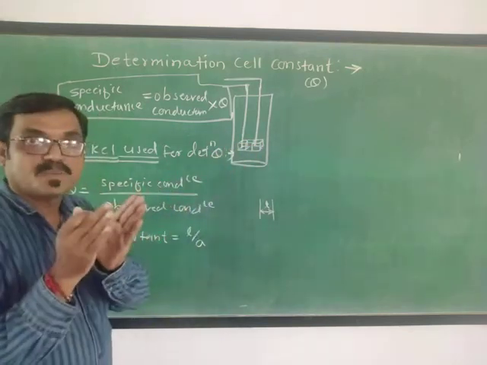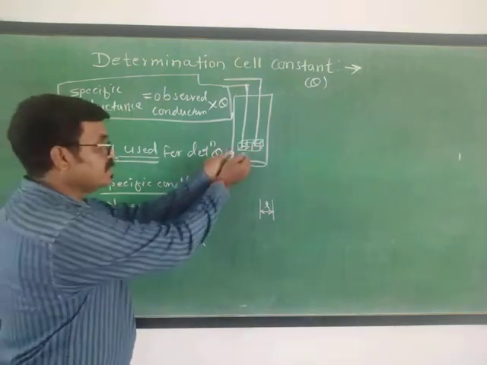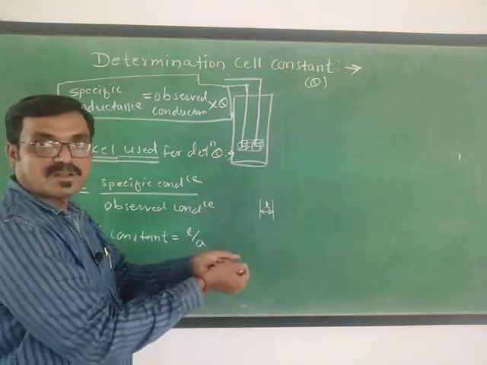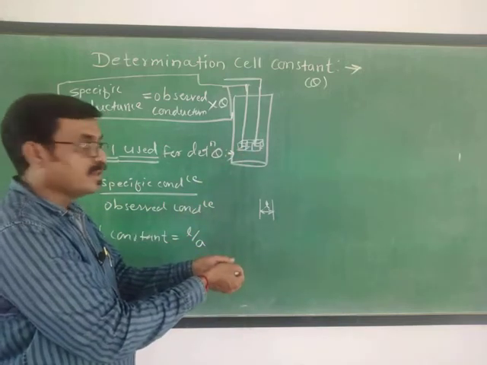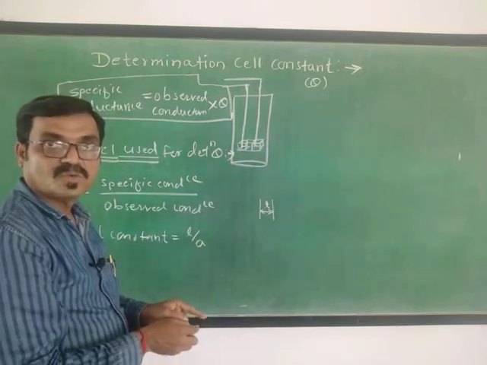These are very small quantities, so we cannot measure this distance L between the two electrodes using a scale, and we are unable to measure the exact area also.